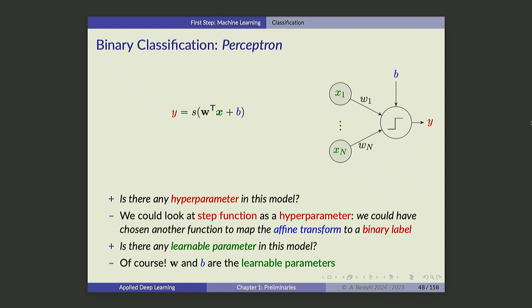These are all learnable parameters, right? At the end of the day, I want to find those weights and the bias in a way that when any image goes in, if it's a cat, the z value is going to be positive. If it's a dog, the z value is going to be negative, right? This is what I want to see. Everybody's clear? So these are learnable parameters. These are the things that I'm going to learn through the training, which we are going to talk about shortly. Okay?